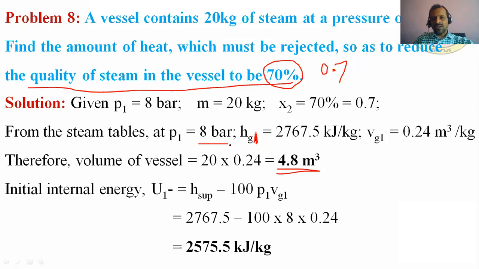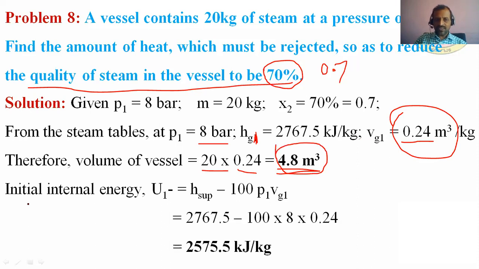Whenever the mass is given as 1 kg, you can use it as it is. If the mass is other than 1 kg, then you need to multiply. So the value given here is 0.24, which you have taken from the steam table. This is per kg volume, but the problem is given as 20 kg. So multiply this with 20, and you will get the volume.